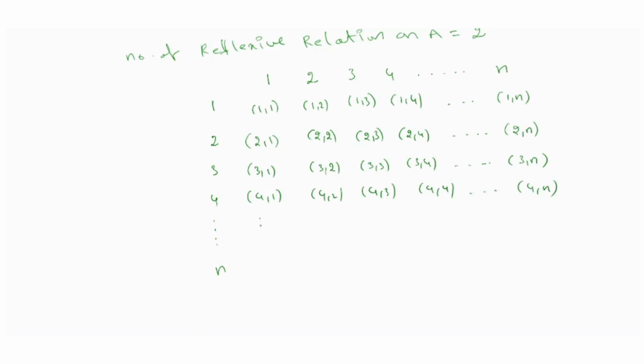And so on. It is n comma 1, n comma 2, n comma 3, n comma 4 and so on. It is n comma n. So now it is like an n by n square grid. It is containing n rows and n columns.